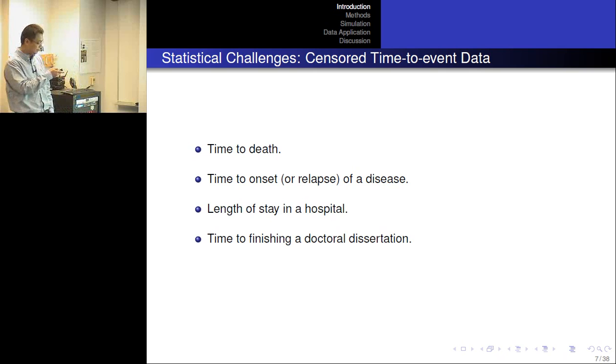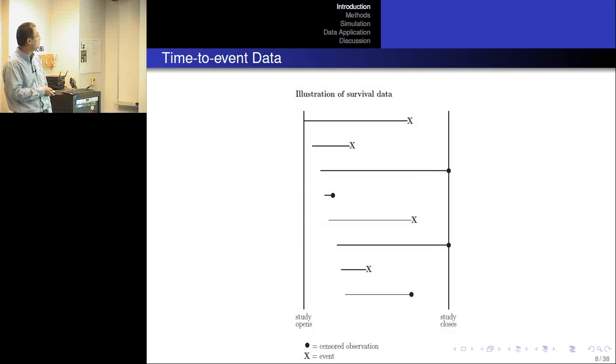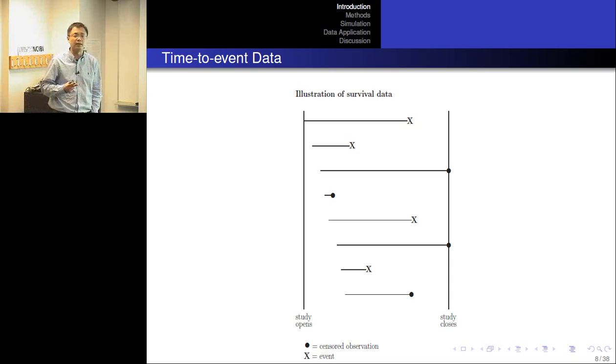I will use a figure to show the typical time-to-event data structure. For this one, the left vertical line is the time when the study opened, and the right vertical line is when the study closed. For example, if we study 2015 transplant patients, then the start point will be the beginning of 2015, and the end time point will be the end of 2015.